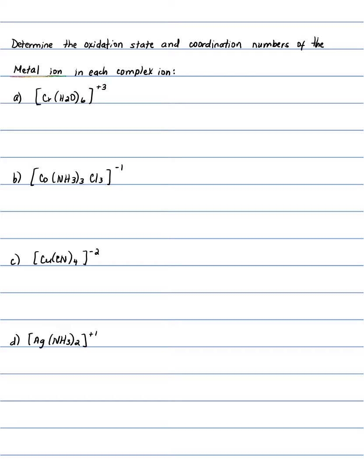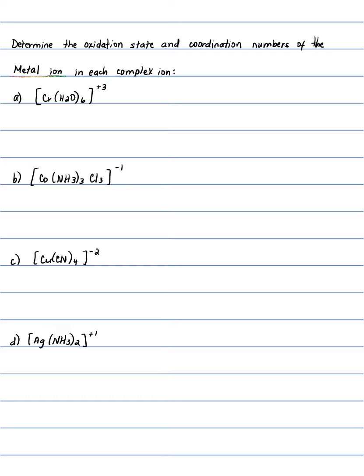So that metallic center that we have in these complex ions or coordination compounds are always from the transition metals. We need to have enough orbitals for the electrons coming from the ligand to be placed. So that will happen with transition metals.